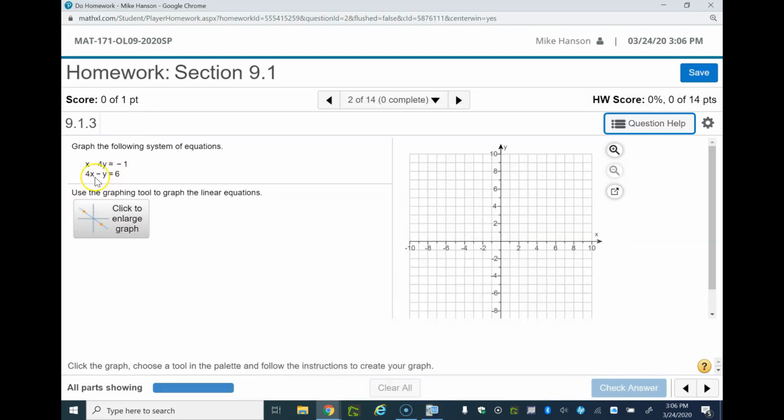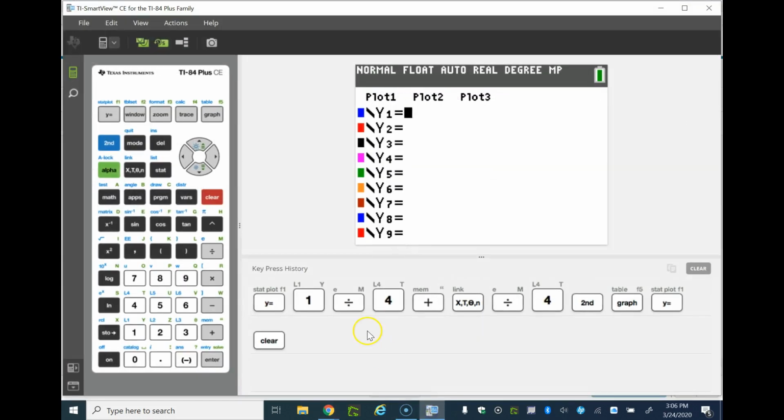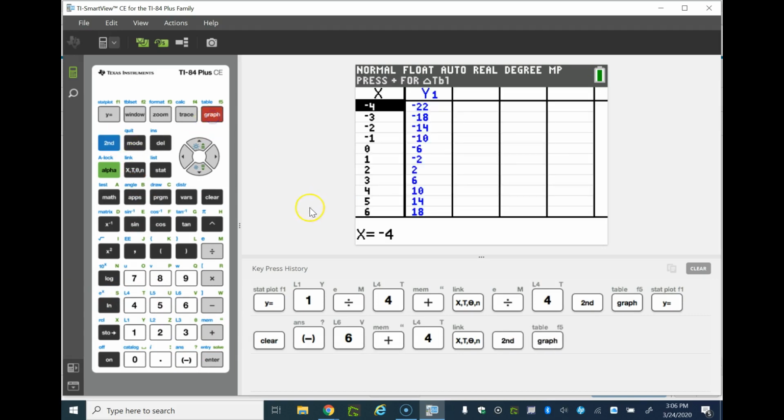For the second equation, I move the 4x over and get rid of the negative sign by dividing everything by -1, so that the y is by itself. Then I put this equation into the calculator, and it looks like -6 plus 4x. I do the same thing and hit graph.